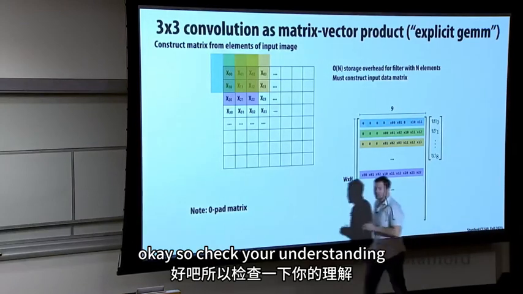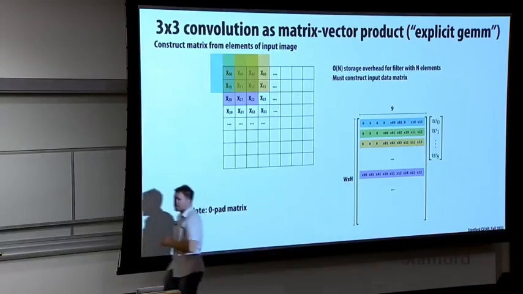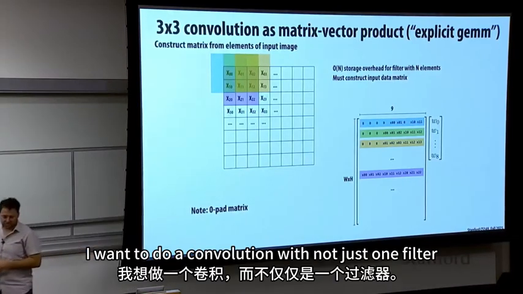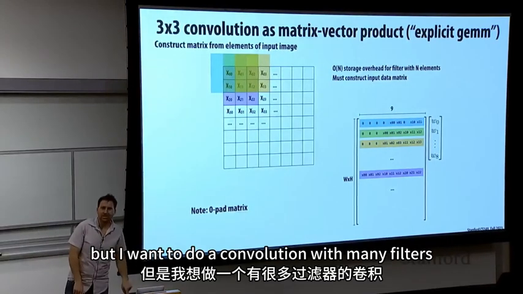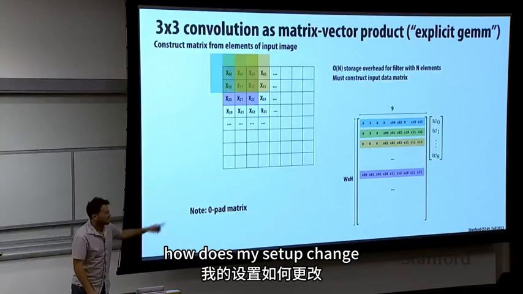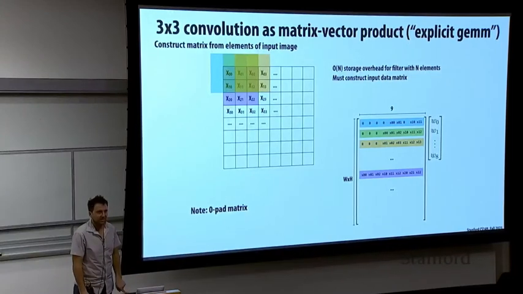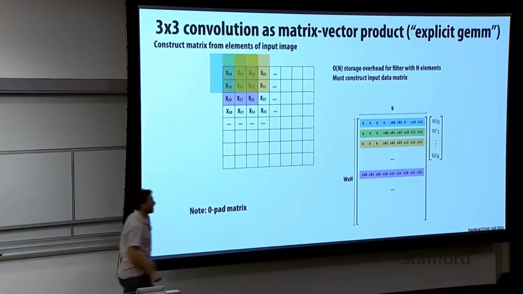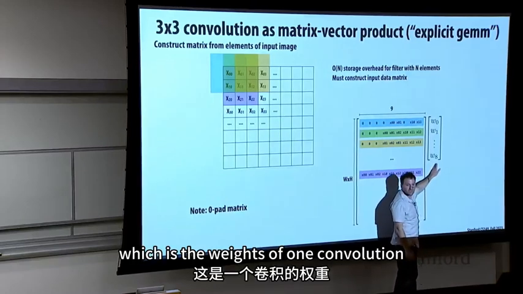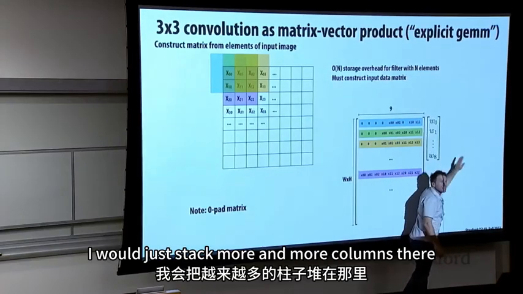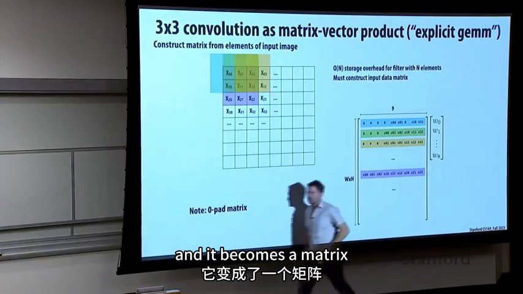Right? Okay, so check your understanding. Now imagine I want to do a convolution with not just one filter, but with many filters. How does my setup change? Yeah. This column vector, which is the weights of one convolution, I would just stack more and more columns there, and it becomes a matrix.